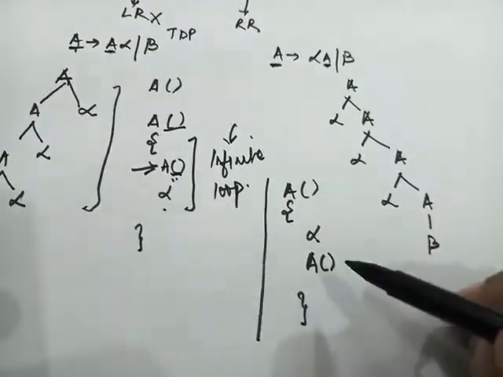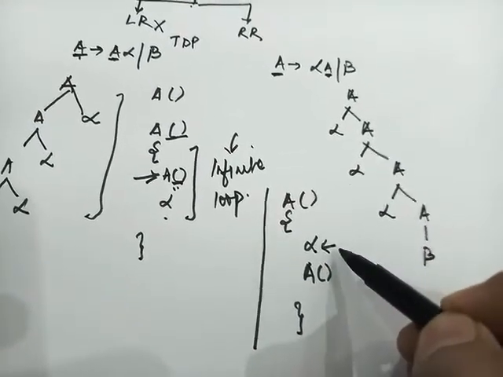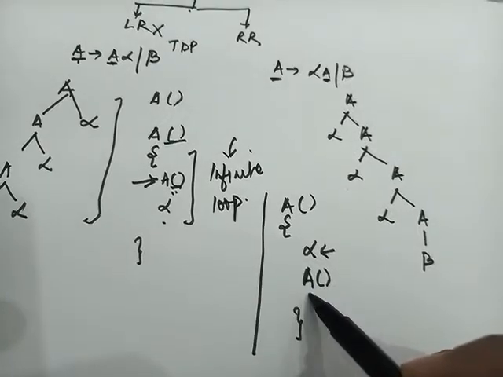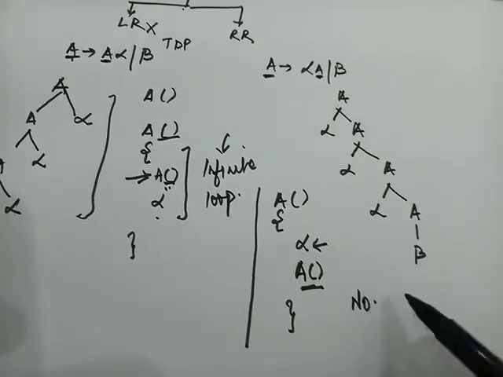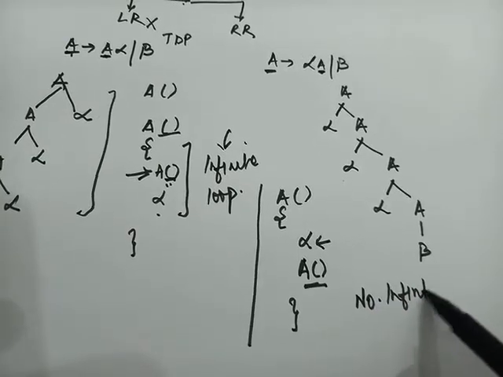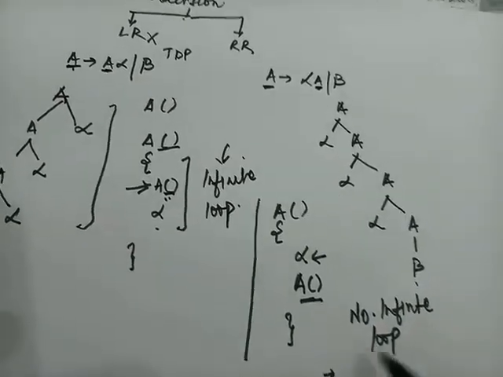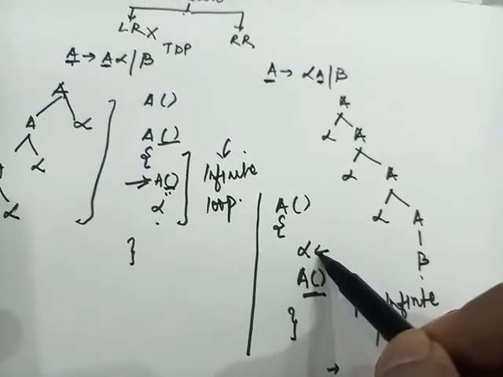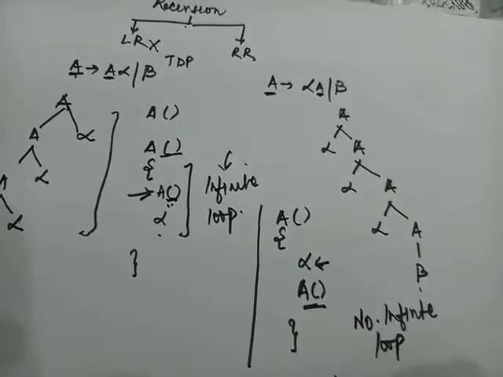But in right recursion, first it calls alpha, meaning it is going to do some task, and then it is going to call the function itself. So here there is no infinite loop, or you can say this alpha is nothing but condition checking, and once the alpha is okay, then it will go for the recursive call.